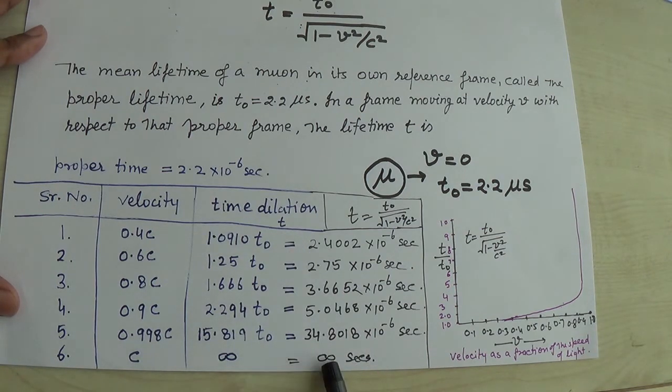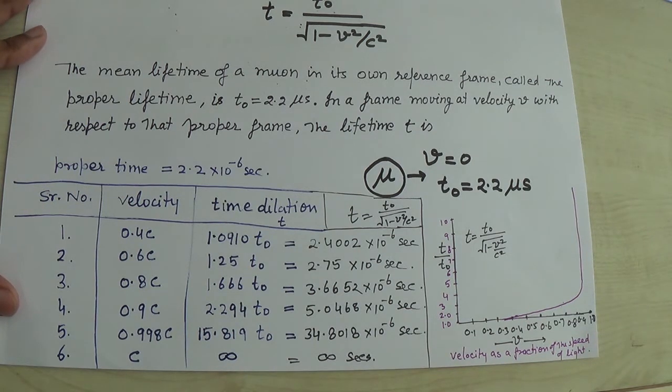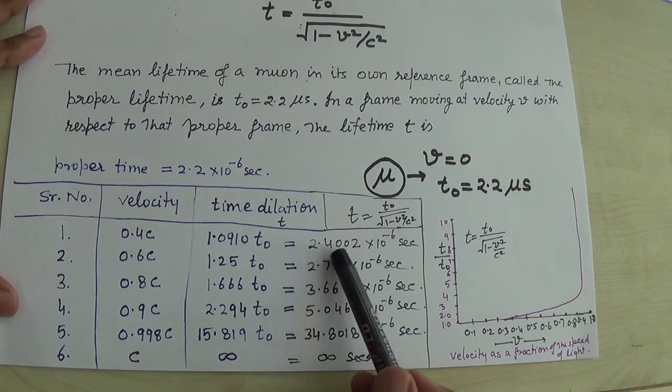So what was the time interval t? It was the time interval between the two ticks of the clock in the rest frame. So the time interval is infinite. The observer O will hear those two ticks at an infinite time interval, and here 34 microseconds, here 5.3 microseconds, 2.7, 2.4.